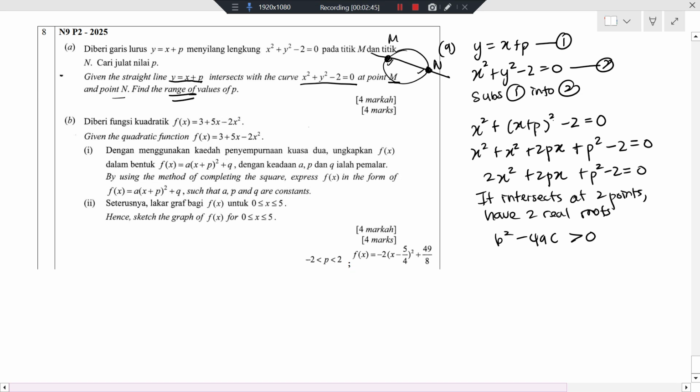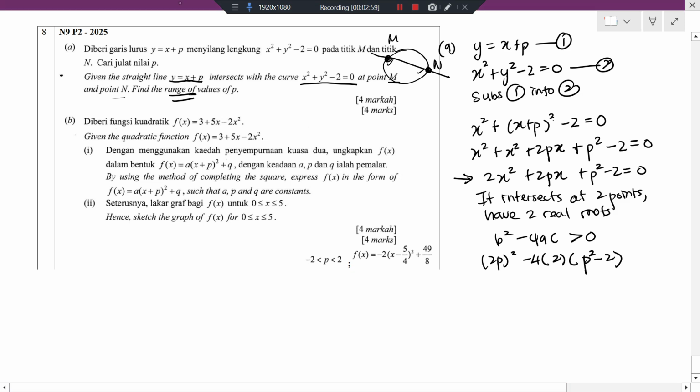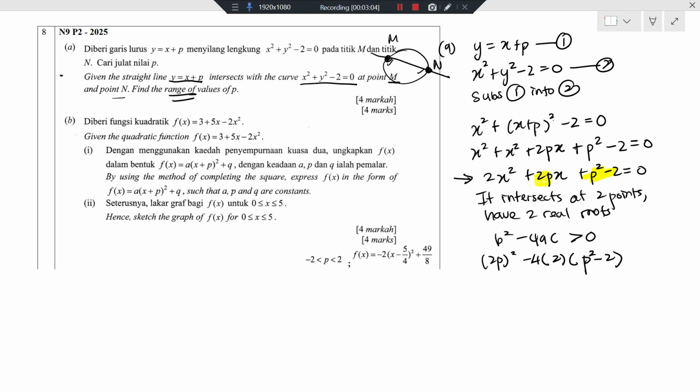So what is your b value here? From here, the b is 2p, right? What is your a value? A is 2, sorry. And your c is p square minus 2, right? Without x. This is your c, this is your b, this is your a, right?